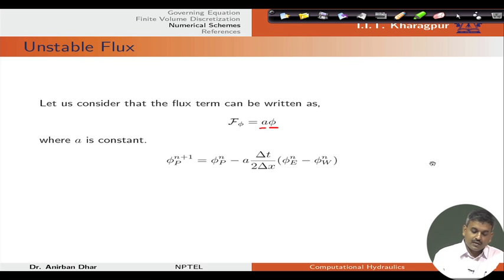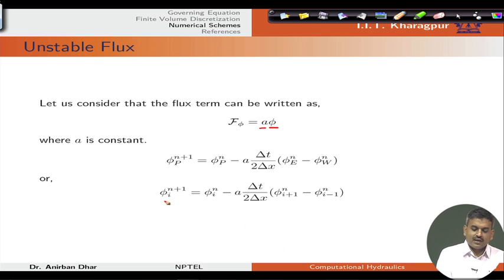Then we can write the final form of the discretization using the finite volume technique as A delta t by 2 delta x times phi E minus W. We can also represent it in terms of i, or i plus 1, i minus 1.